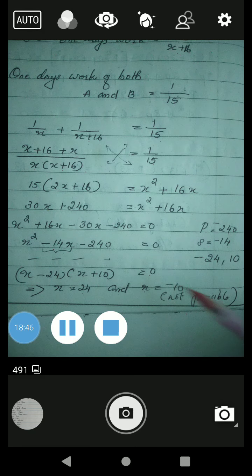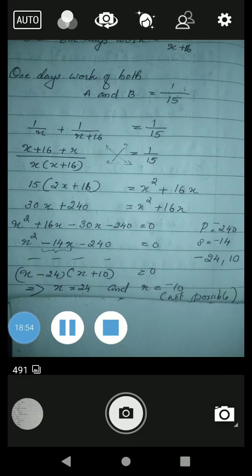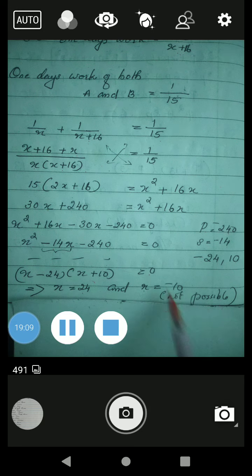Here also that minus 10 is not possible. Therefore, x means A can do a piece of work in x days. So, A can do a piece of work in 24 days. Days cannot be negative. Okay, so we can avoid this. Therefore, x is equal to 24.